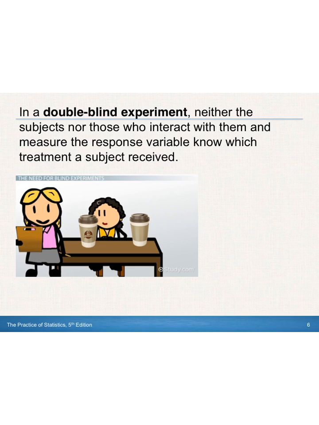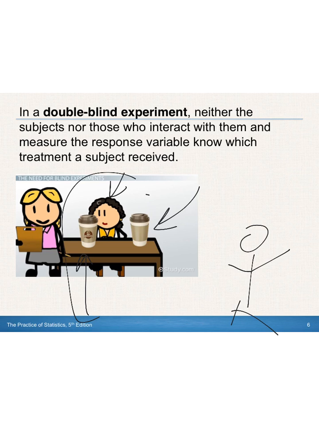So let's say we were doing something related to coffee here. The barista could be over here in the corner, and they would know what was going on. They would know, for example, that the one with the extra picture was caffeinated, and the one without the extra picture was not caffeinated. And this subject would be randomly put into this group, and this other subject be randomly put into this group.